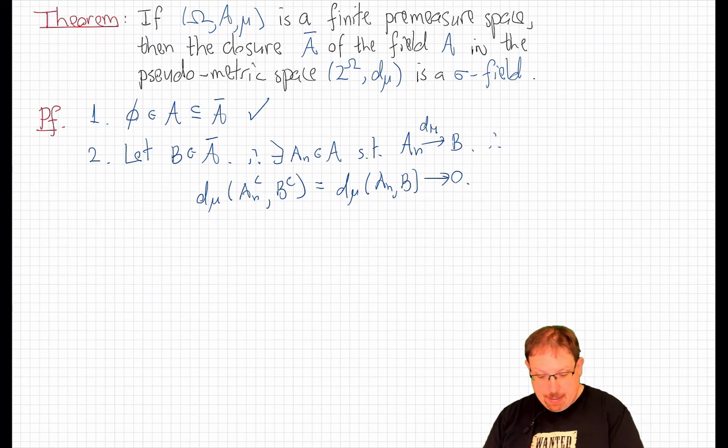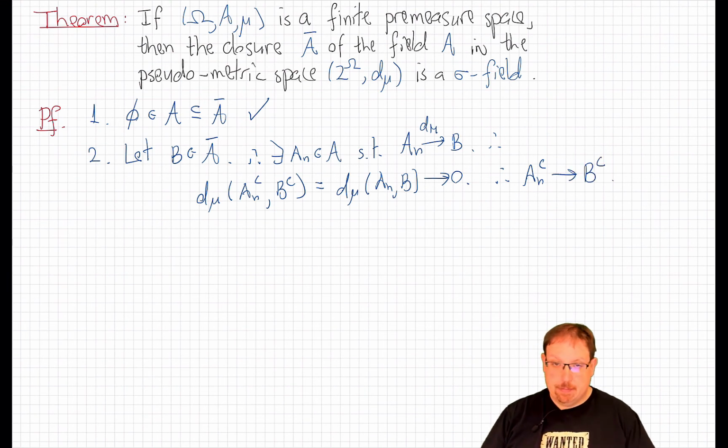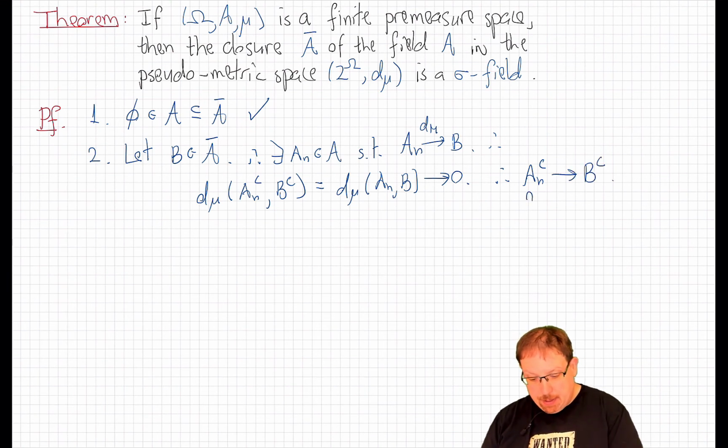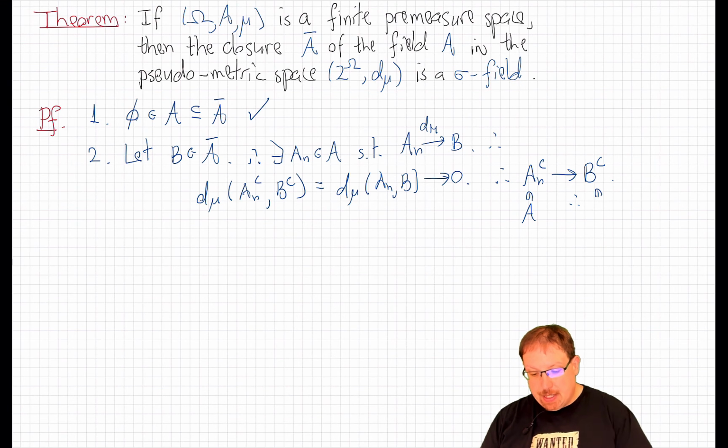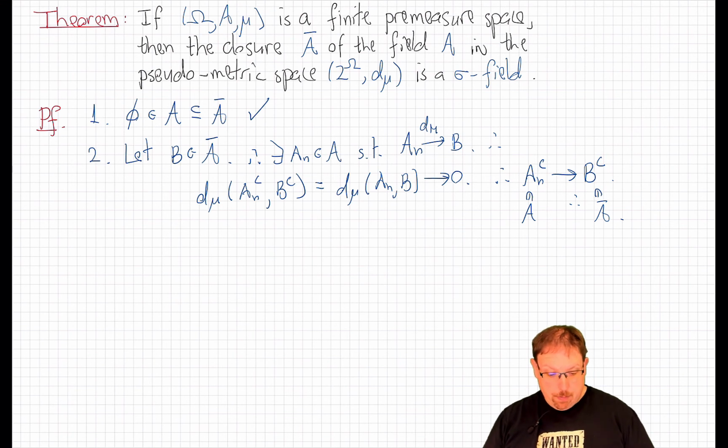And that means that A_n complement goes to B complement. Now, A_n complement is back in the field because the field is closed under complements, and therefore B complement is a limit of a sequence in A. It is therefore in the closure, which is what we wanted to show.